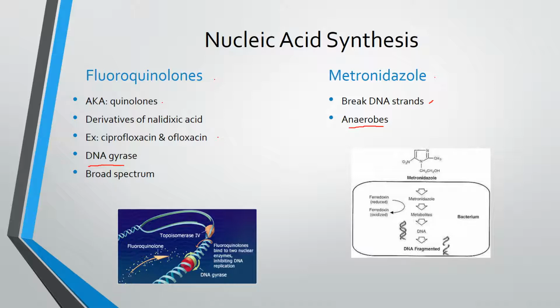These are derivatives of nalidixic acid, which is an older antibacterial agent. We don't really use that anymore except in our lab. The examples are ciprofloxacin and ofloxacin. These are two examples of quinolones. What they do is they bind to and interfere with DNA gyrase enzymes, which are involved in DNA supercoiling, which is essential.